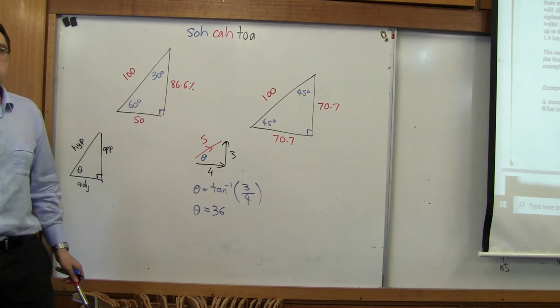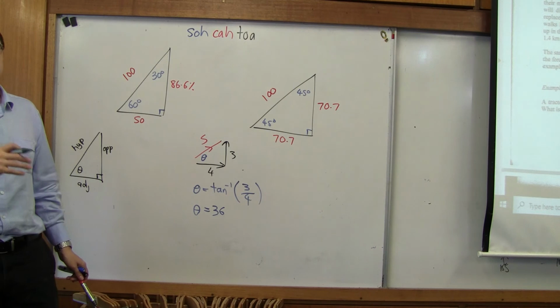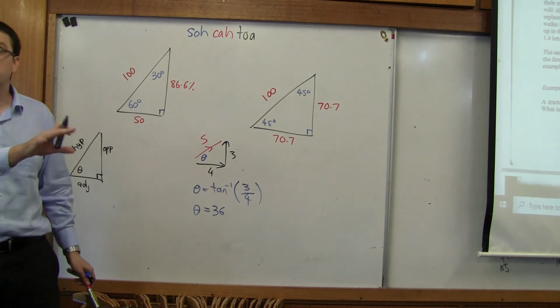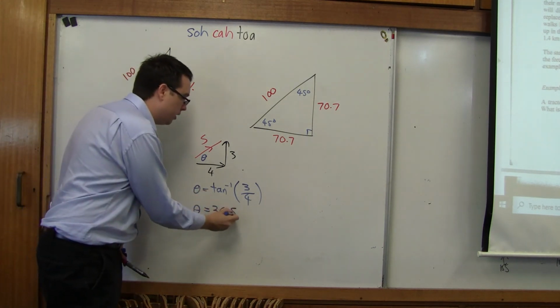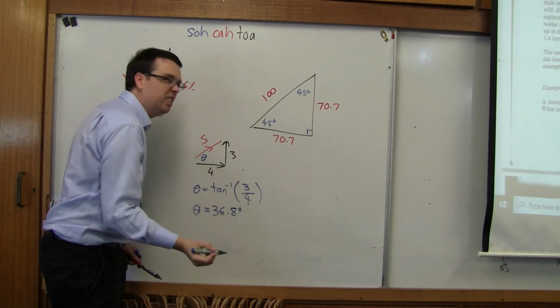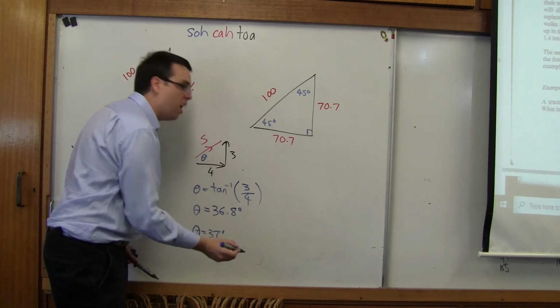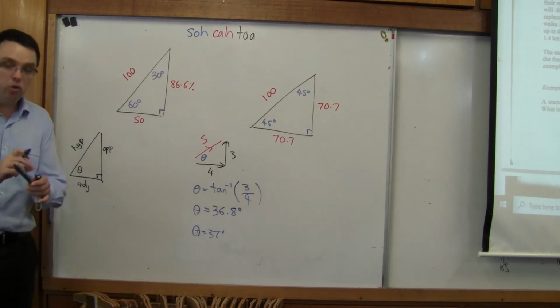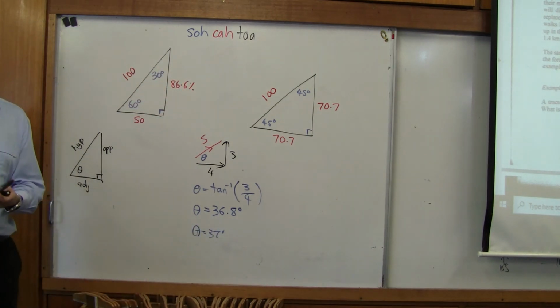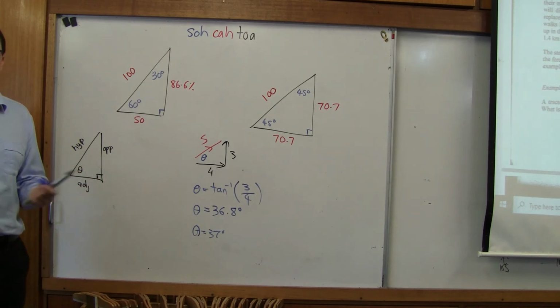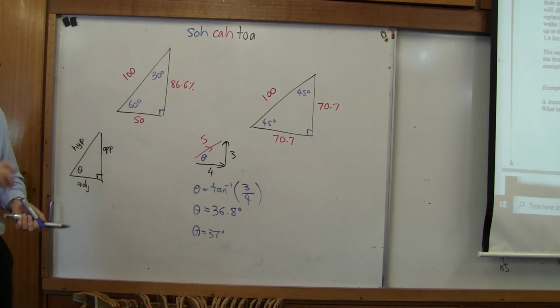Your maths teacher might tell you to convert that into degrees, minutes and seconds, but not me. I am so happy to read 36.8 degrees. And if you wrote theta equals 37 degrees, I would still mark that correct. I'm pretty sure the HSC marker would mark that as correct as well, though I can't say definitively.